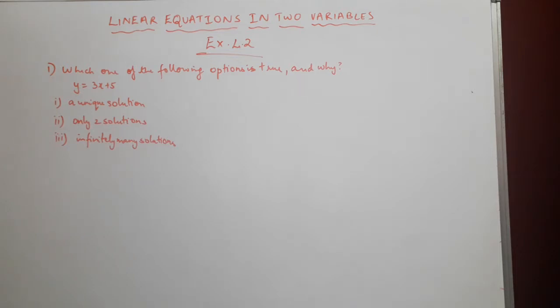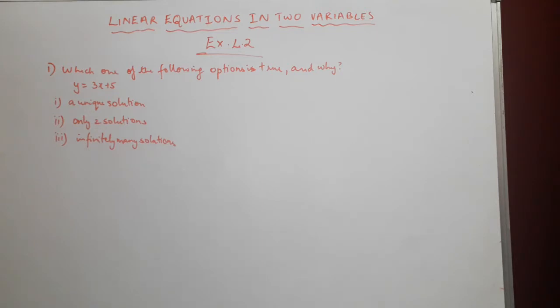So what this question actually says is we are given a linear equation and we are asked to find out whether this linear equation gives us a unique solution, that means only one solution is possible, or only two solutions are possible, that means we will get two values, and infinitely many solutions, that is the last option, which says that for any value of x you will get different values of y.